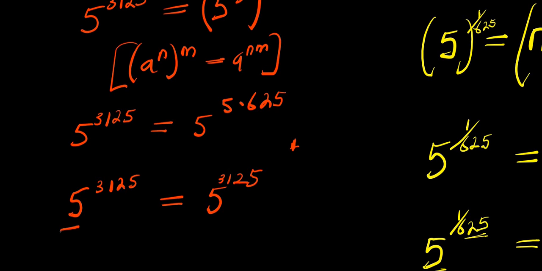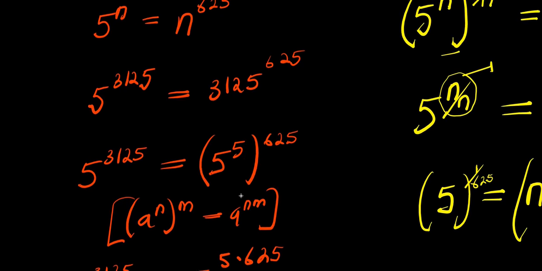So you have 5 power 3125 here, the same as 5 power 3125 here. So this shows that the answer is obviously very correct.